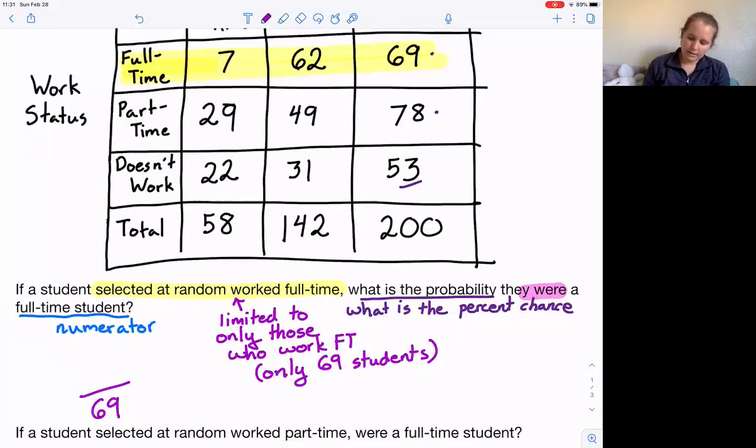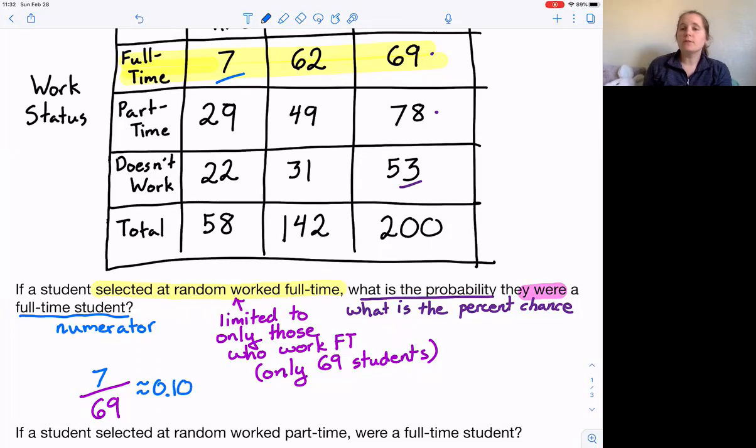Of those 69 students, we only had 7 who were full-time students. So we were looking at 7 out of 69. 7 out of 69 is approximately 0.10.